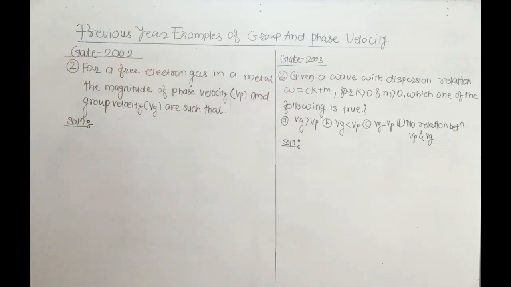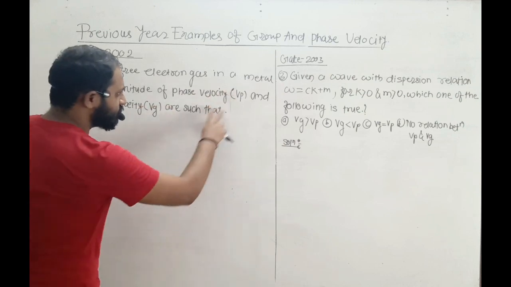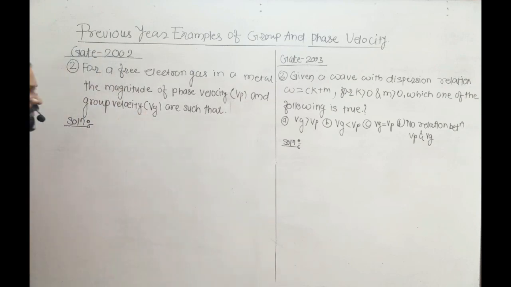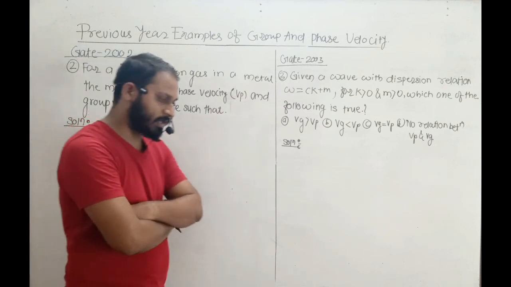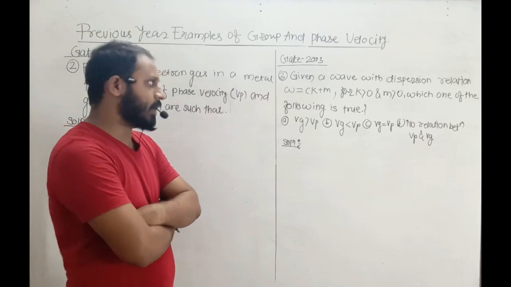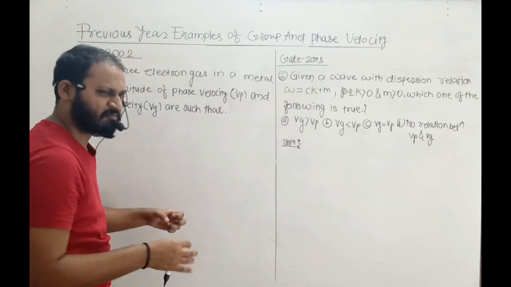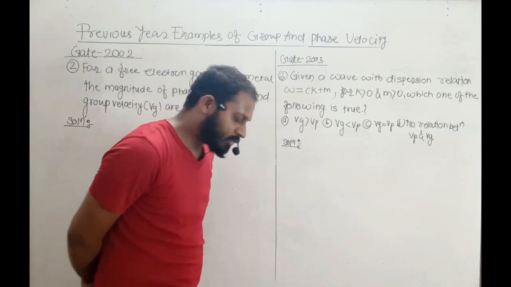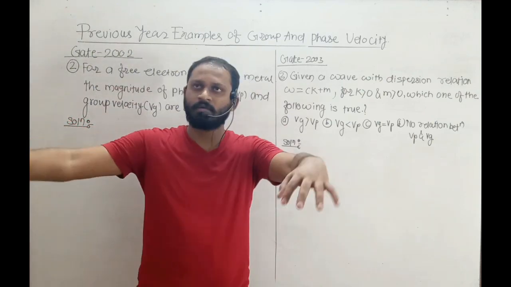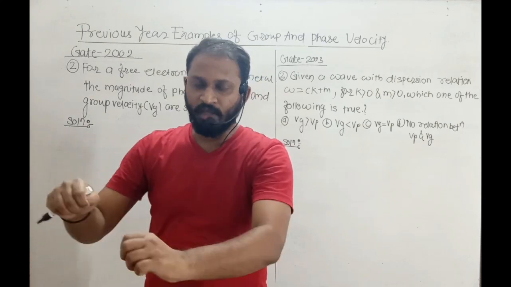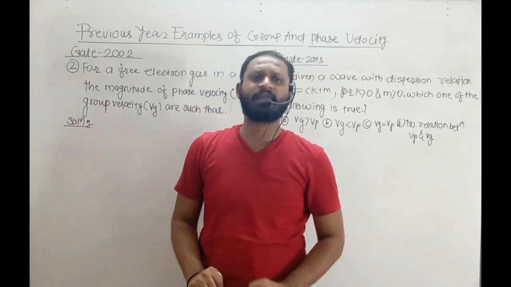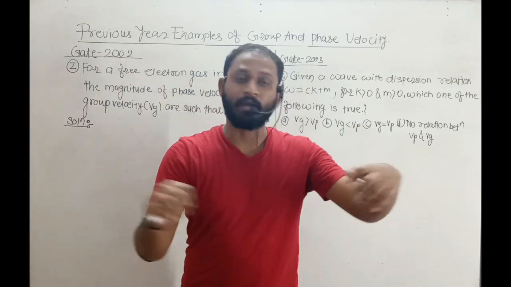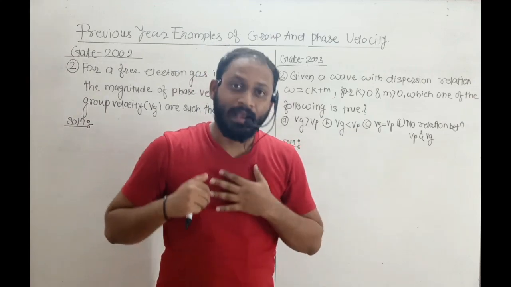Now see, for a free electron gas in a metal, the magnitude of phase velocity and group velocity are such that, okay, the electron is free, and they are asking to find out the relation between the group and phase velocity. If the electron is free, then I am using only my kinetic energy.